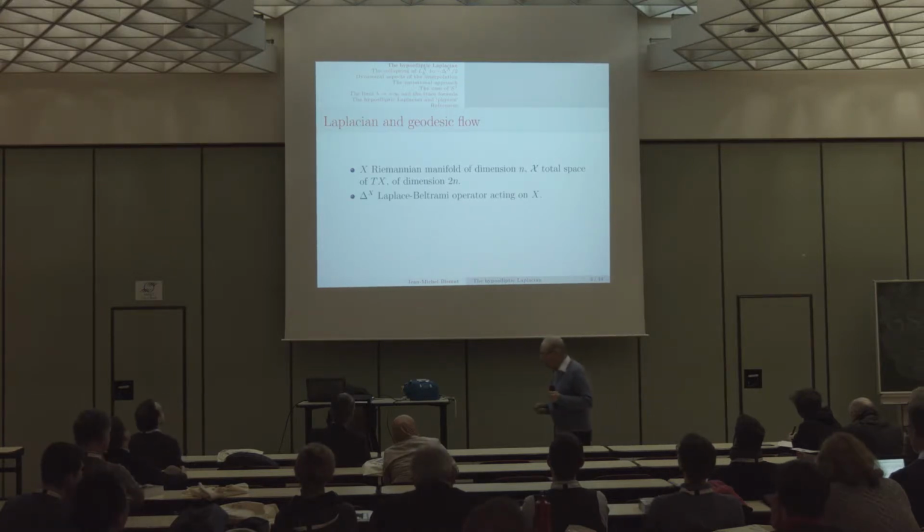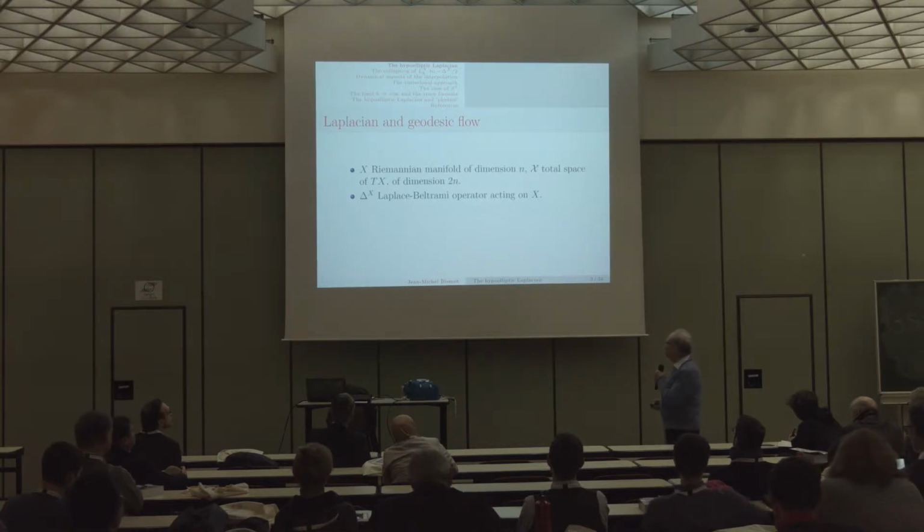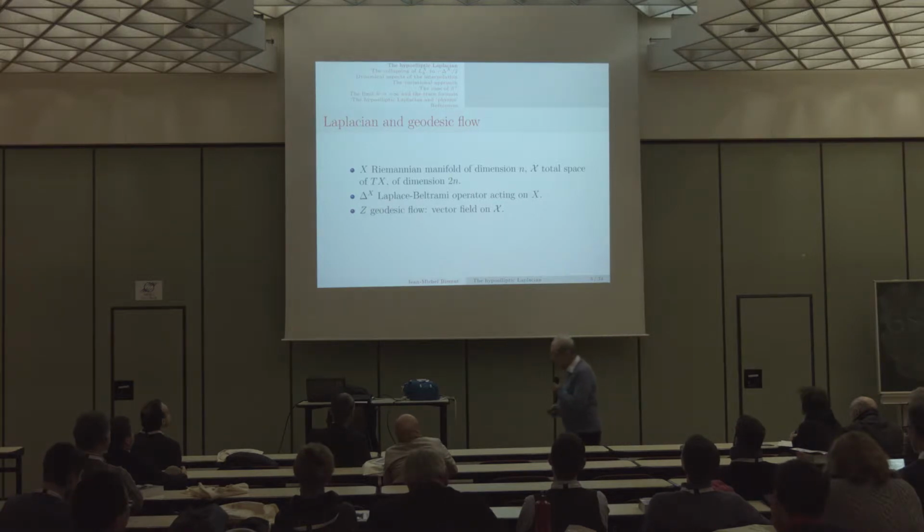And then on the base manifold X, I introduce Delta^X, which is the so-called Laplace-Beltrami operator acting on X, which is a generalization of the classical Laplacian. I also introduce Z, which is a geodesic flow. In this case, for the moment, I will just say that it is a vector field, not on the base manifold X, but on the total space X script, on the bigger space.